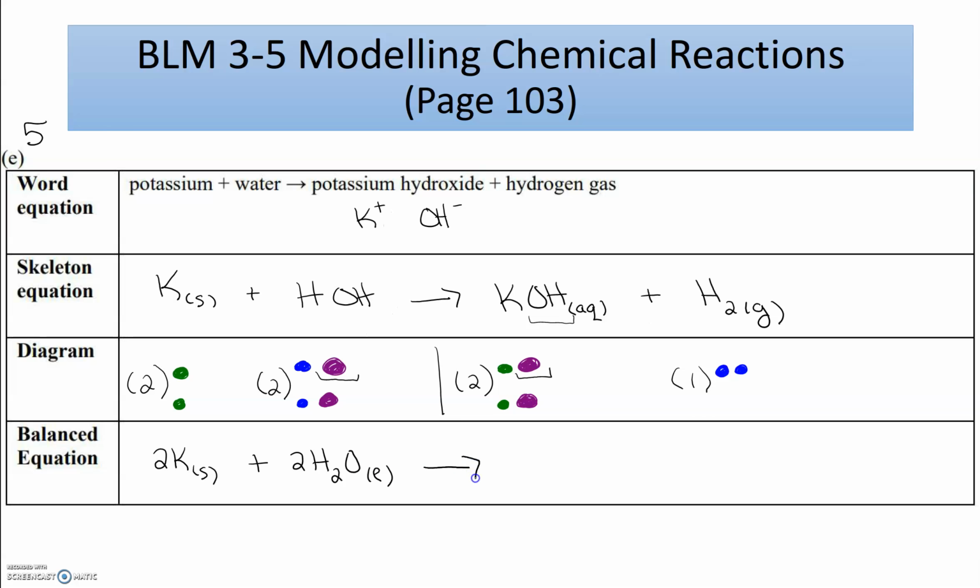It reacts to produce, I've got 2 of my potassium hydroxides drawn, so that means I've got a coefficient of 2 in front of my potassium hydroxide. And I only drew 1 of my hydrogen gas, so I'm going to only have 1 hydrogen gas molecule. And so now I've got this balanced.